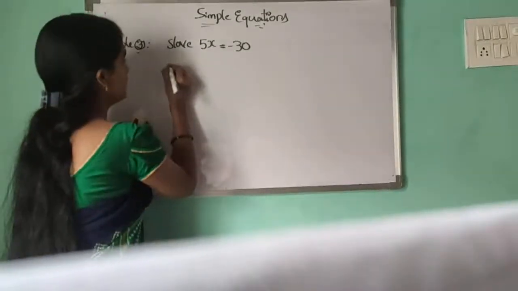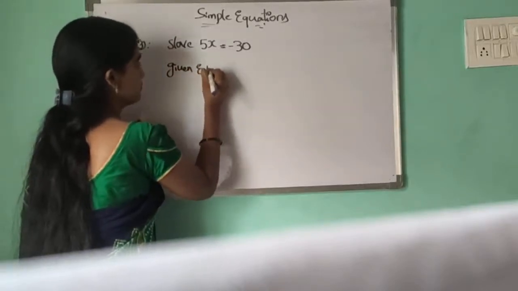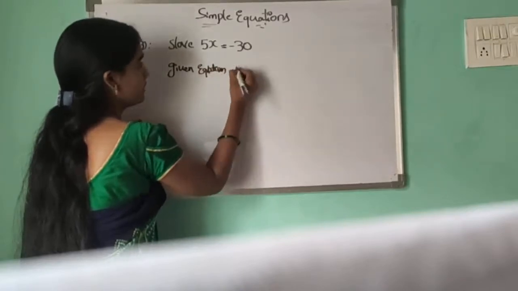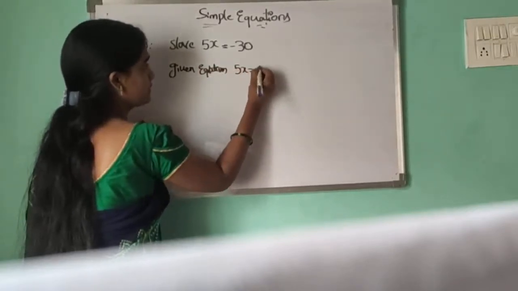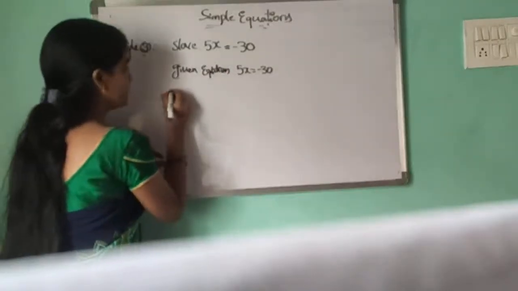So the given equation is 5x equals minus 30. Divide both sides by 5 to get the x value.